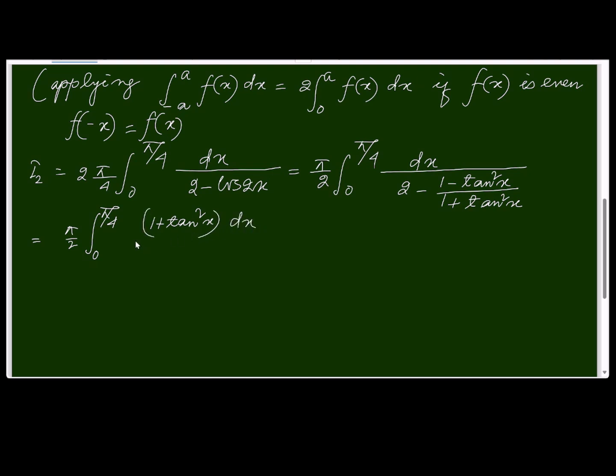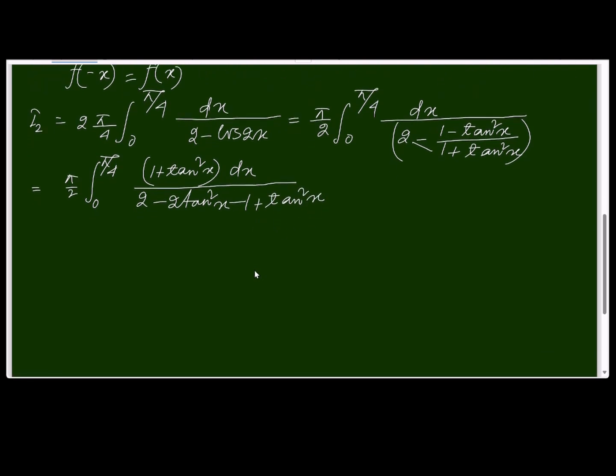And here we get 2 plus 2 tan square x, minus 1 minus tan square x. Simplifying, this will be 2 plus 2 tan square x, so this equals pi by 2 times the integral from 0 to pi by 4 of sec square x dx over 3 tan square x plus 1.